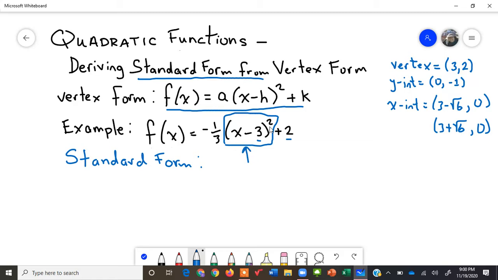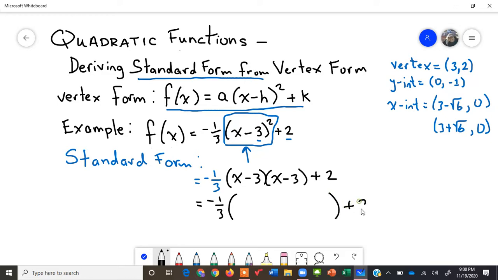So start by expanding the squared term. We're going to have the negative 1/3 here, and we want to multiply x minus 3 by itself, which we do by FOILing, or using a shortcut, but it's all FOILing. X times x is x squared.